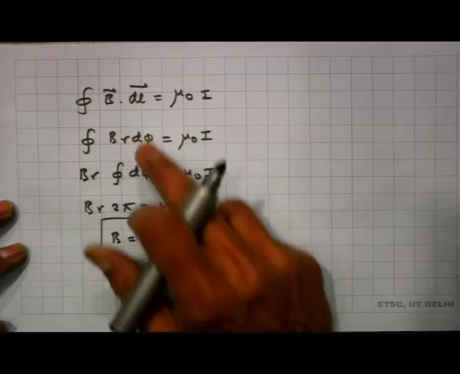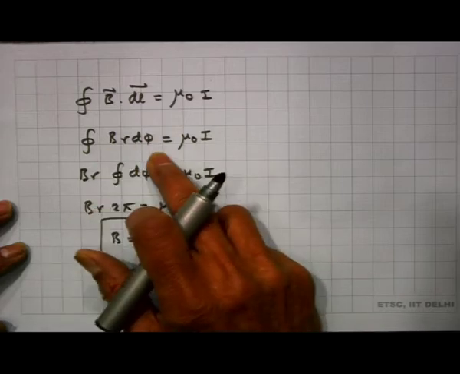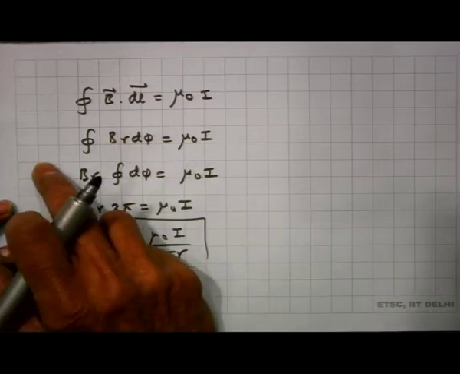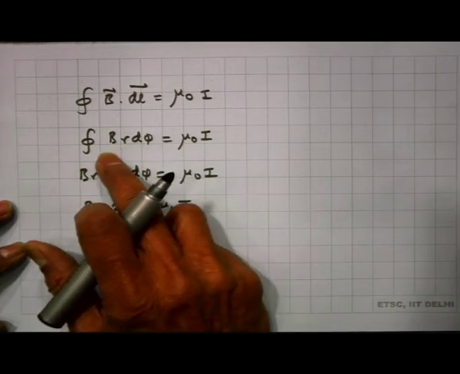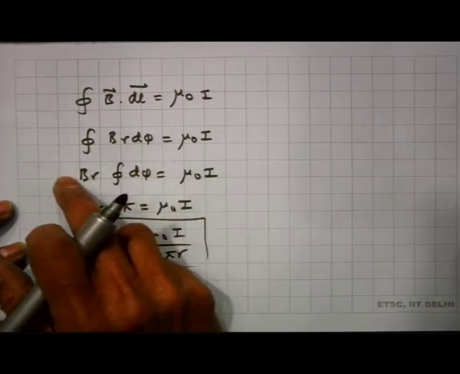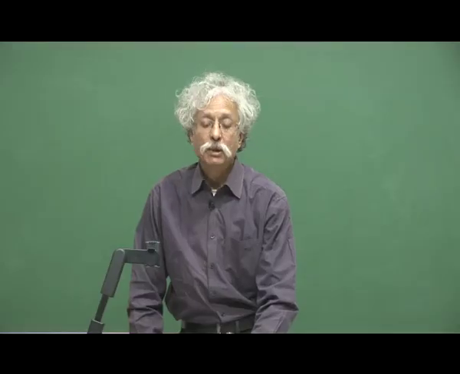So, I can write B dot dl as B r d phi, and B happens to be independent of phi, so I can take B out of the integral. I could not have done this if B was a function of phi. So, I am able to take B out of the integral and immediately integrate and get the magnetic field. That is a very interesting example, which tells me that the magnetic field of an infinitely long current carrying conductor is B equals mu naught I by 2 pi r, which we had obtained before by using the Biot-Savart law.